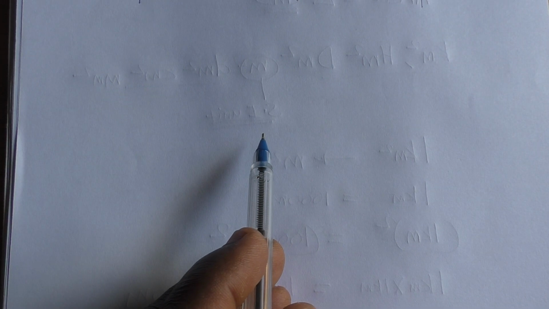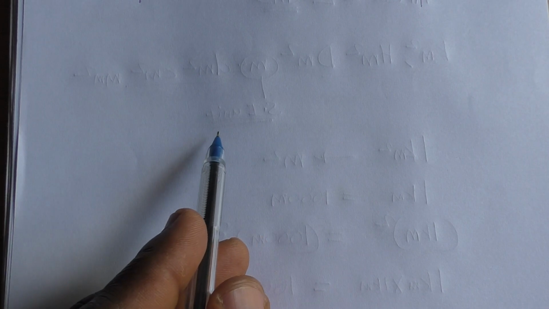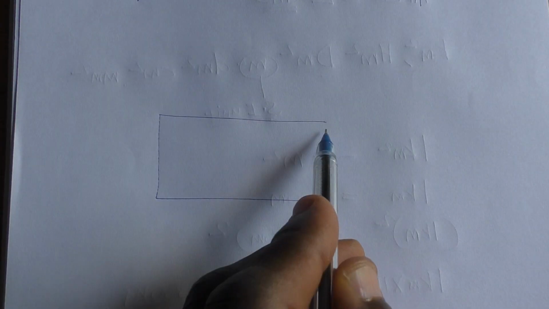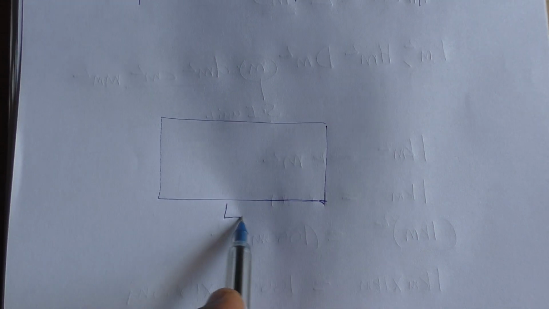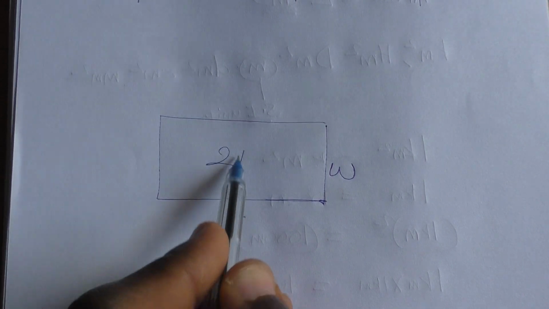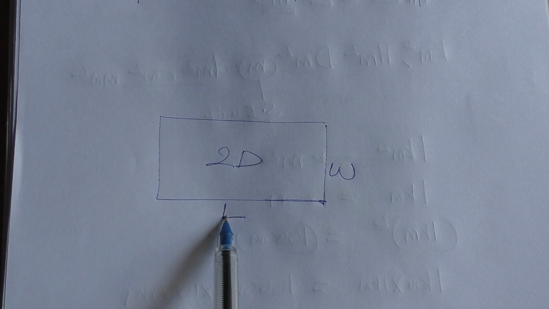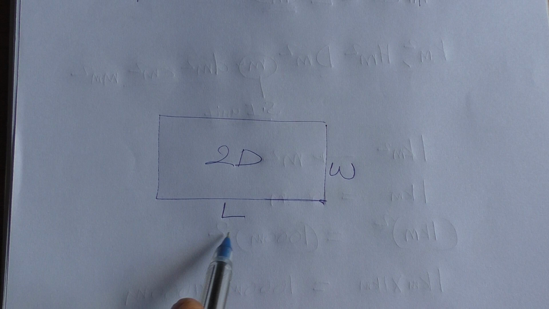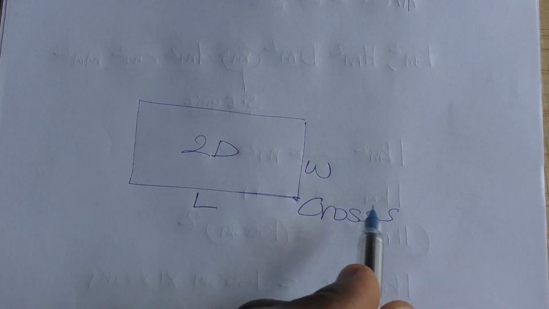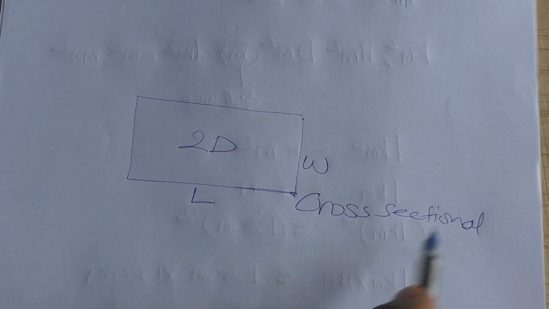When I say two-dimensional figures, I could literally say a map, because if I view a classroom from above, I'll view it in a rectangular form, and this is a two-dimensional figure whereby I will only see the length and the width. So for two-dimensional figures, the area is cross-sectional area.